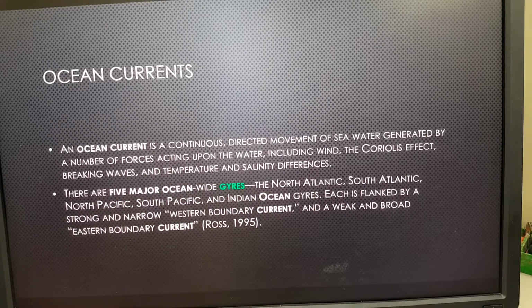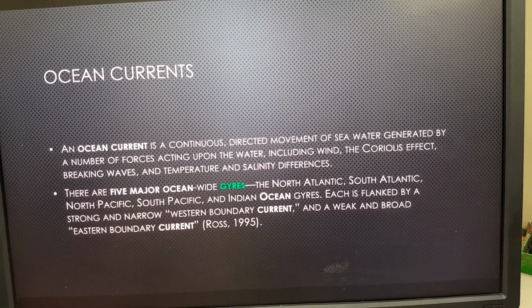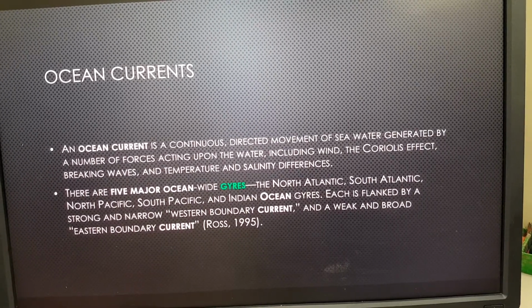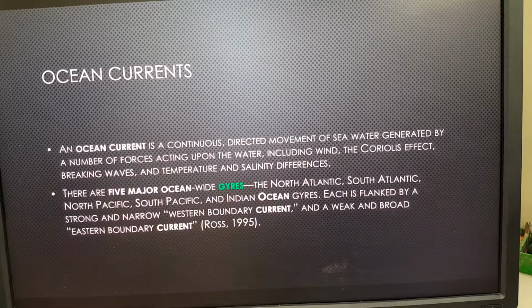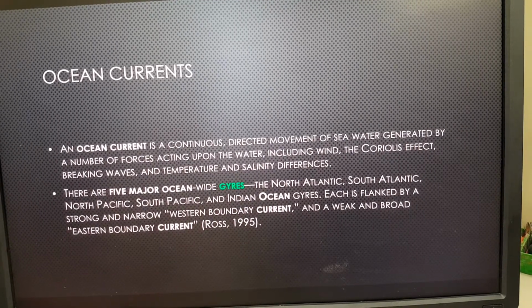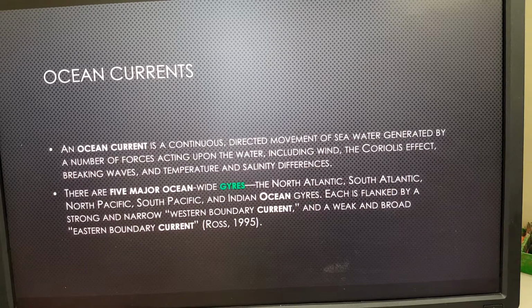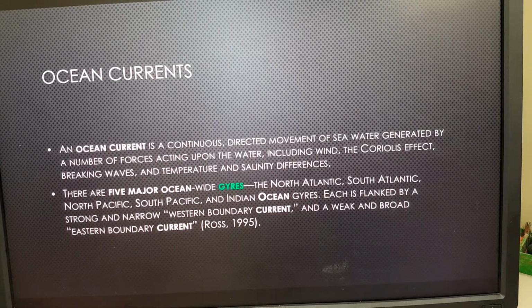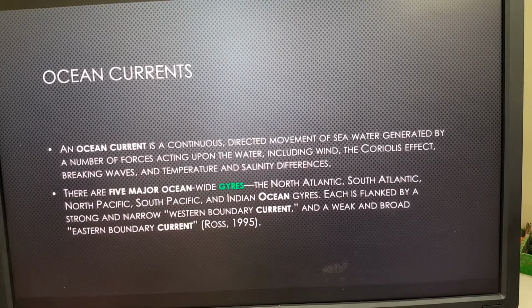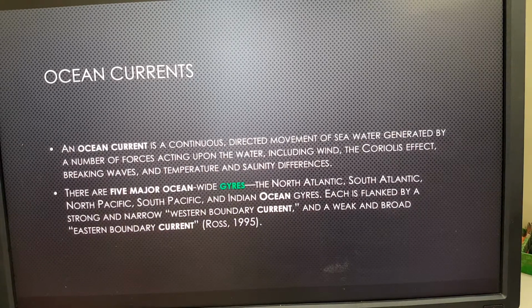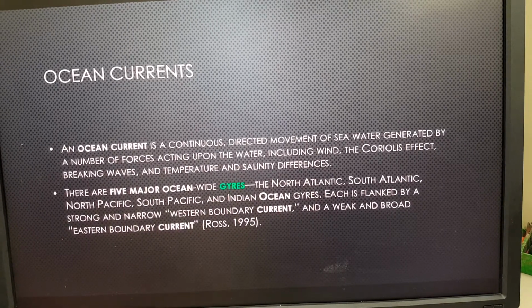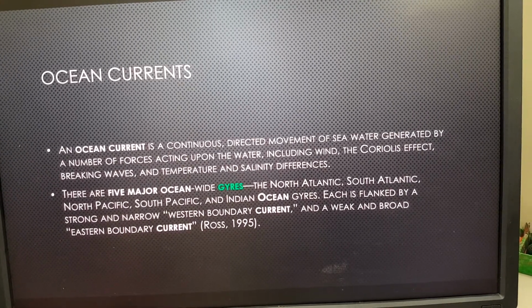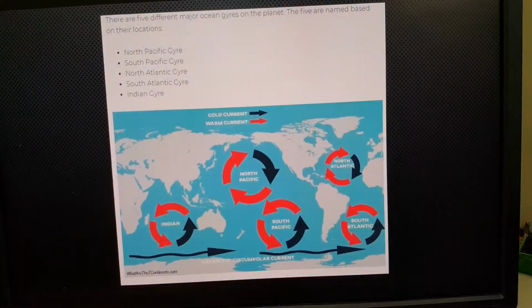So we have 5 of those: North Atlantic, South Atlantic, North Pacific, South Pacific, and the Indian Ocean. Each one of these is flanked by a strong, narrow western boundary current and a weak and broad eastern boundary current. And I'll show you what those look like.